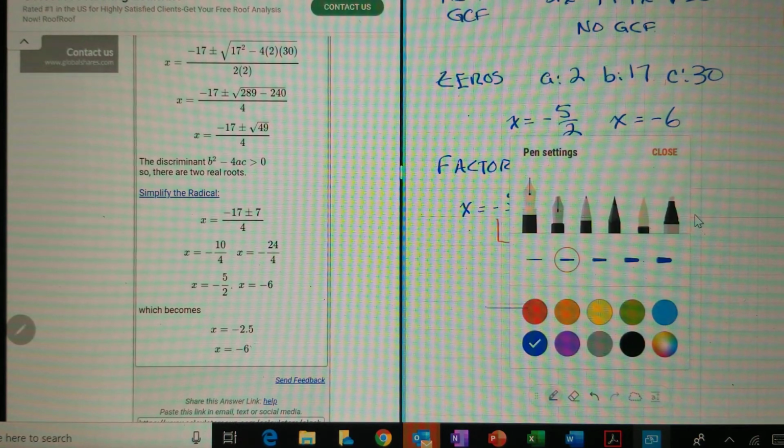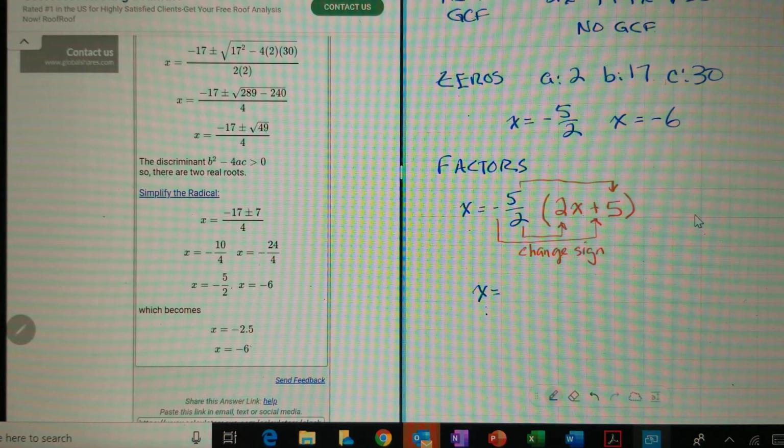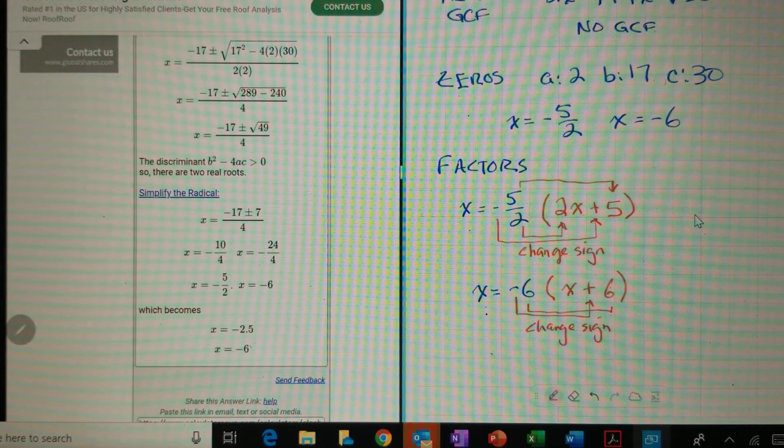Our second factor is simpler, x equals negative 6, because it's not a fraction. So that's pretty easy. This 6 is going to go right here. So we're going to have x. We also have to change our sign, so it's going to be a plus. Now, if you want to check and see if you did this right, here's our check.